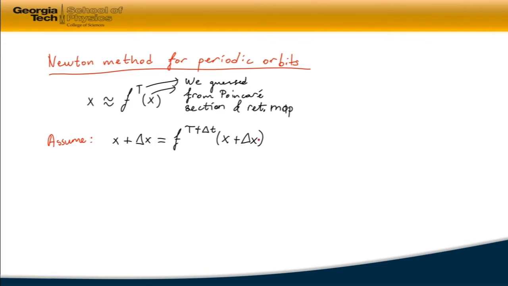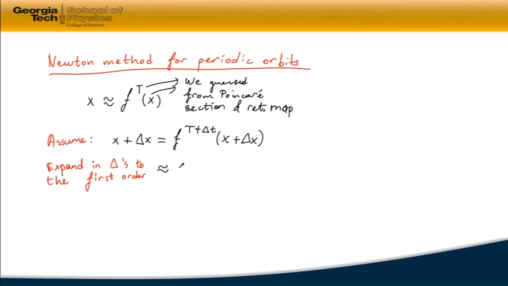In order to find them, we expand the right-hand side of this equation to the first order, and hope that this delta x and delta t are small so that the first order approximation is a good approximation.